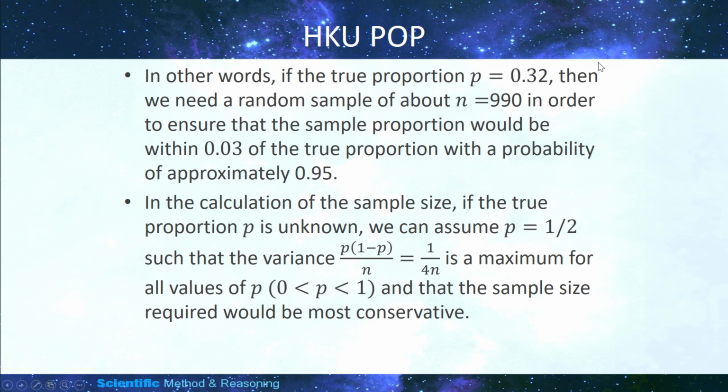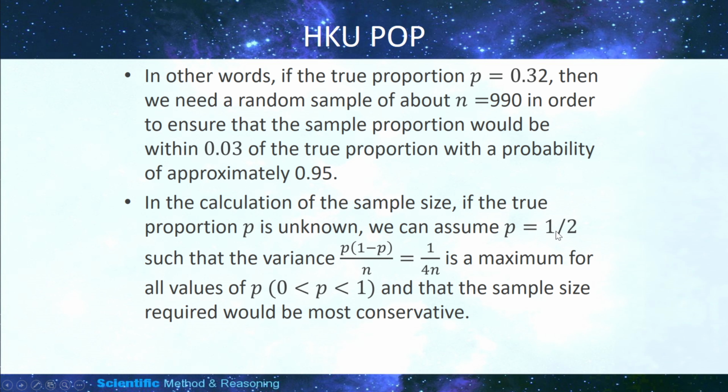So therefore, in general, p is unknown. But what if p is unknown? How can we calculate the sample size? If the true proportion p is unknown, then to calculate the sample size required, we normally assume p equals 1/2, such that the variance p times 1 minus p over n equals 1 over 4n. And this is the value of the variance, which is maximized by p equals 1/2.